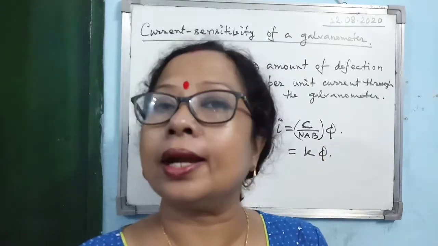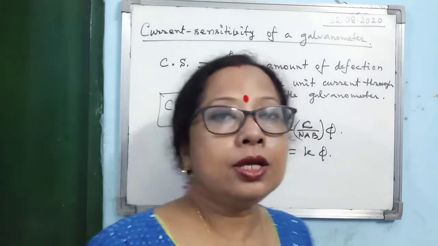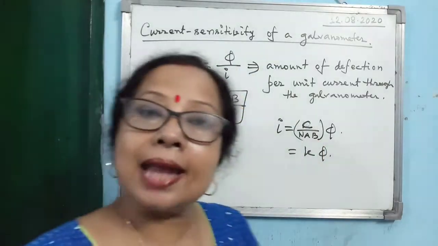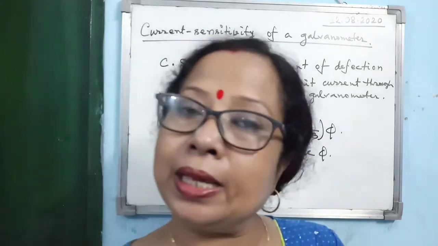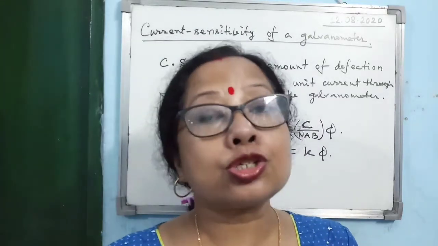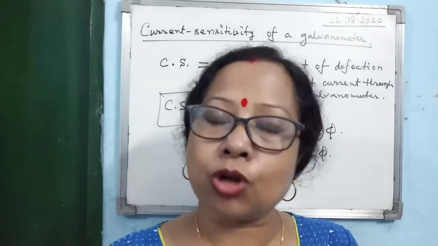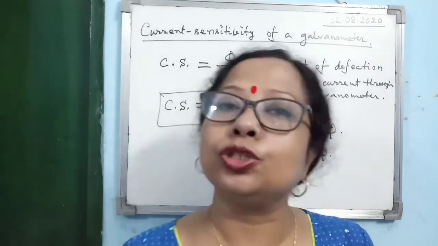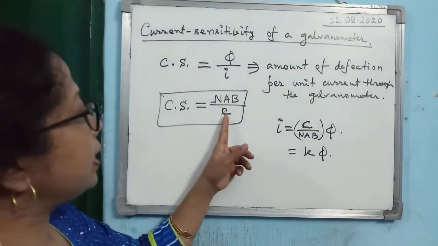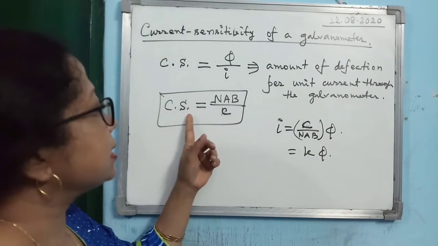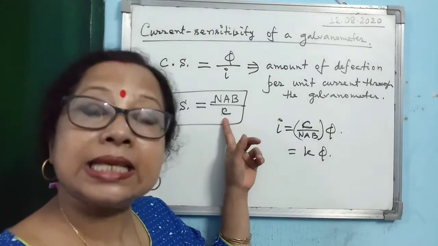This soft iron core is responsible for increasing the value of B. Another way to increase B is to use stronger pole pieces of the horseshoe magnet. Then next, you can increase the current sensitivity by decreasing C.